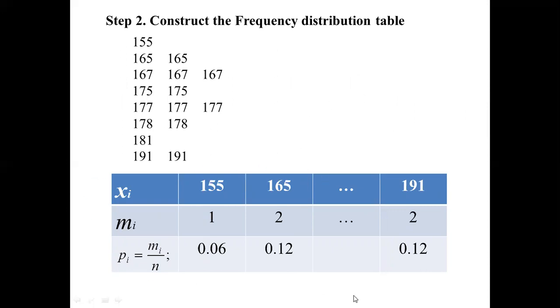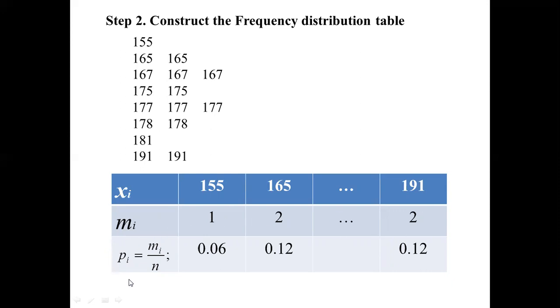It's this table, and in the first row of the table, write the indicators in increasing order. Recurring indicators are recorded once. In the second row of the table, record the number of repetitions of the corresponding indicator. This will be the frequency of the indicator.